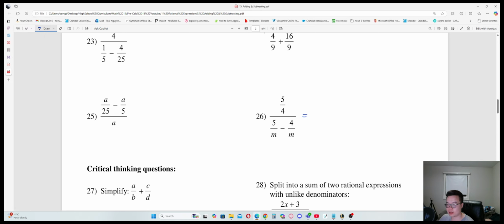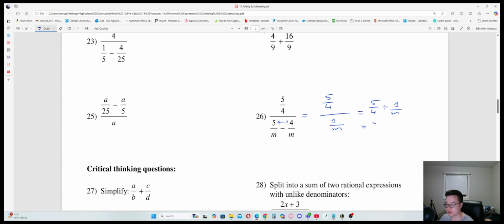So if I have 5 over 4 remain the same over, and because the m in the denominator of the other denominator is the same, we can go ahead to subtract 5 minus 4. So I have 1 over m. So to simplify this further, I will have 5 over 4 divided by 1 over m.